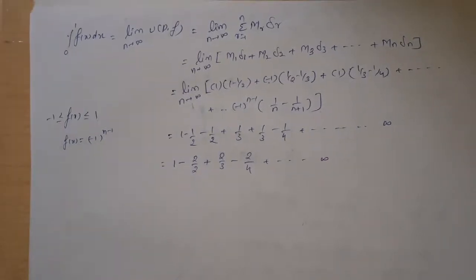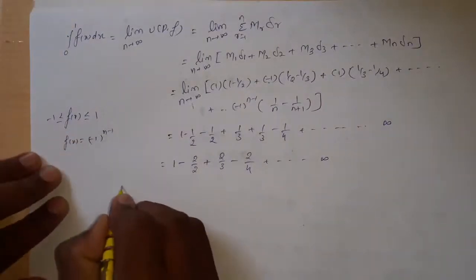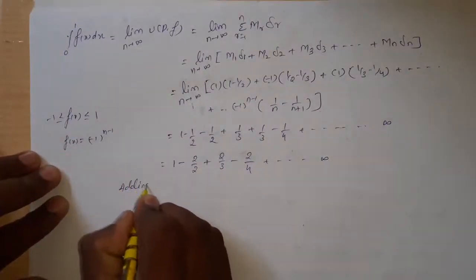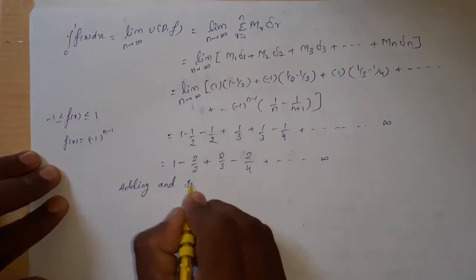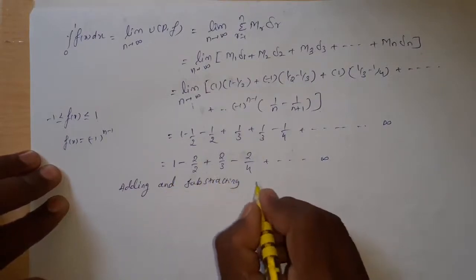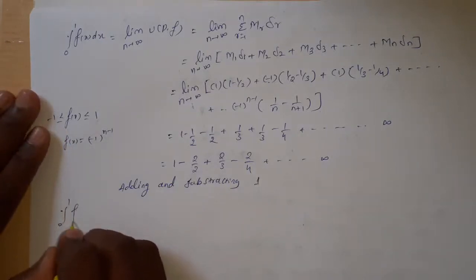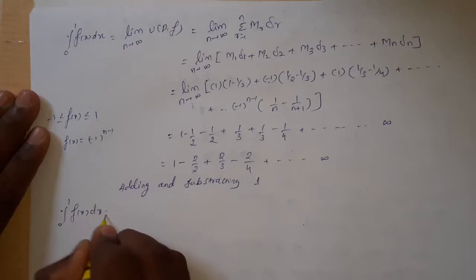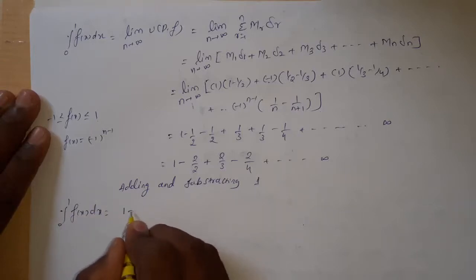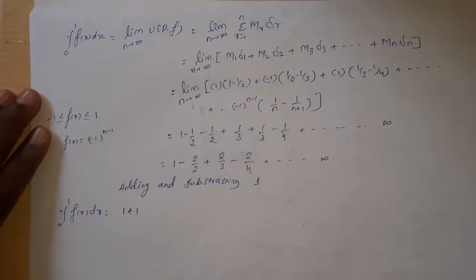Then next, adding and subtracting 1. So therefore here integration over 0 to 1 f of x dx is equal to 1 plus 1, we are adding 1, and next we need to subtract.